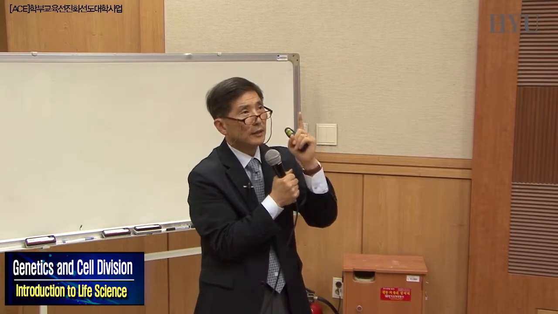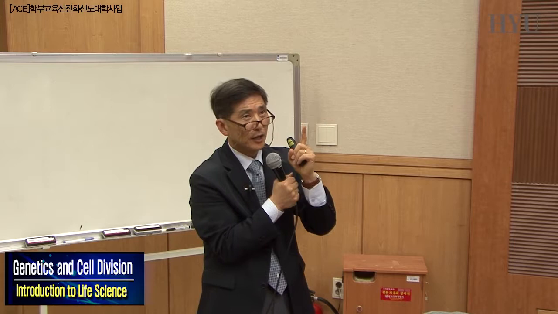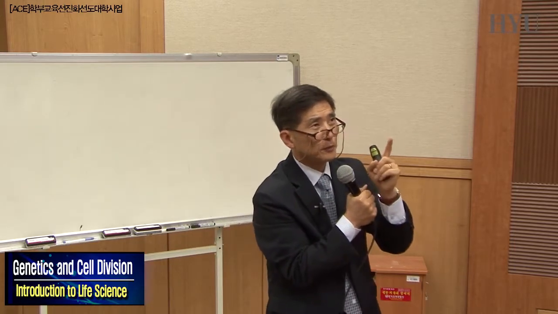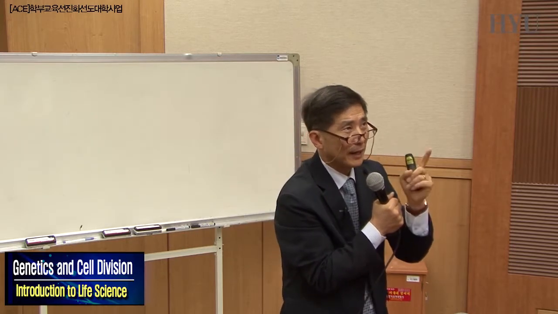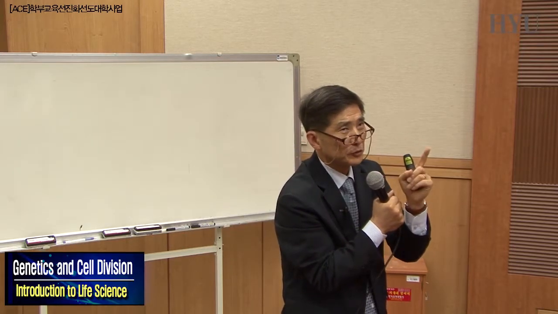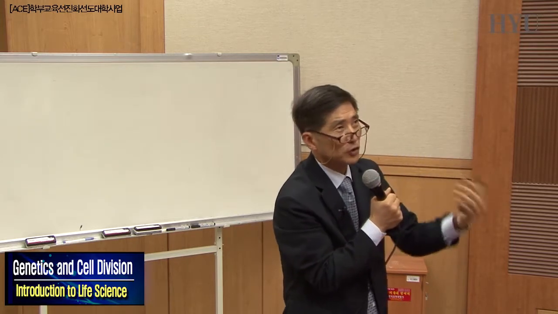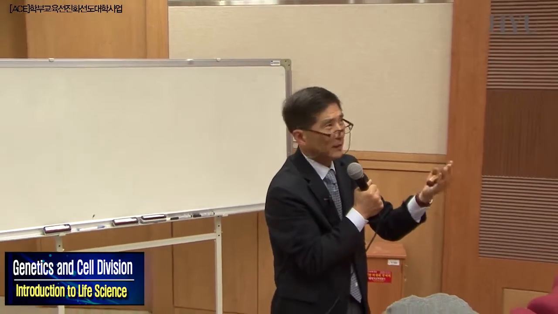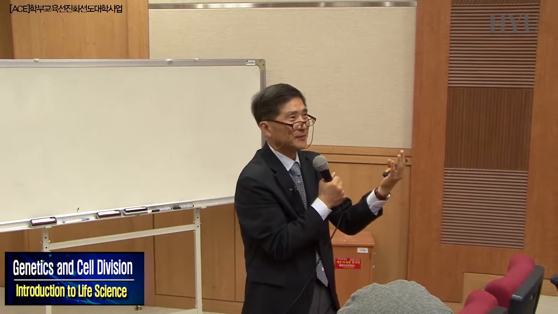That will make a difference in terms of genetic information. That will make a difference in which sperm will have which chromosome eventually, or which egg has which chromosome. That will be the diversity of your children. Your children look like you, but they are not you. They don't think like you. They're totally different.